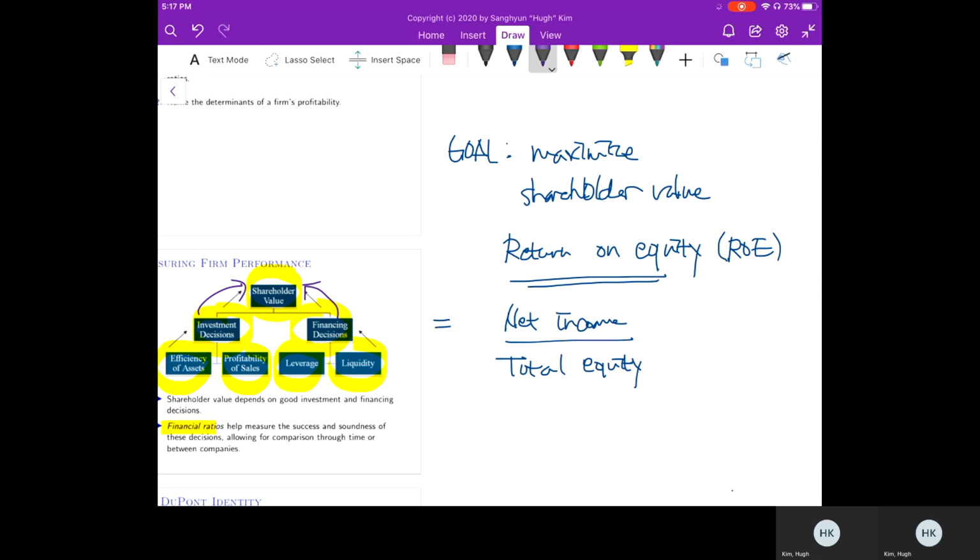And let's multiply both sides by total asset over total asset, which is 1. So this preserves the equality. It's a legal mathematical operation here. So that is 1.